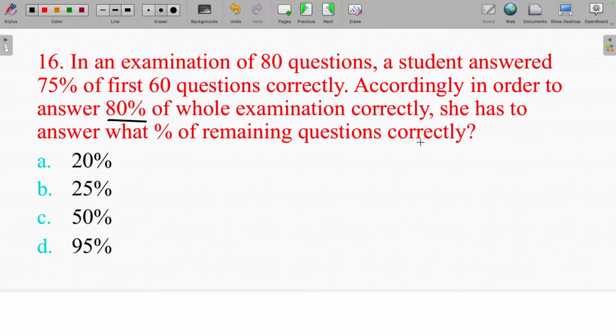Simple pattern question. Will you try? Online students, will you try? Yes, just try. Whether right or wrong, don't worry, just try.